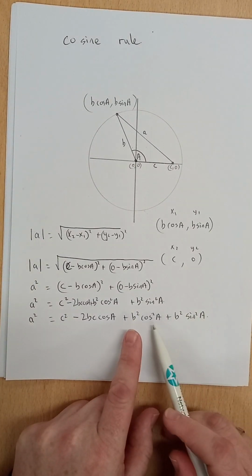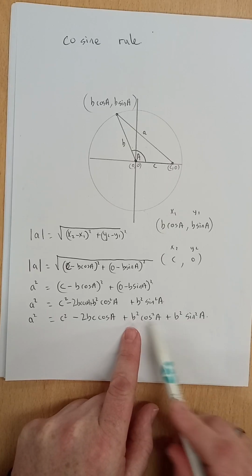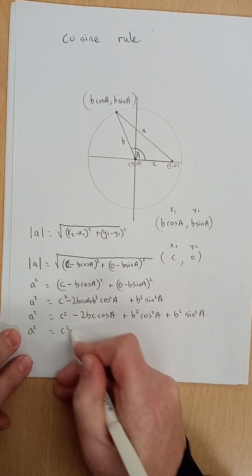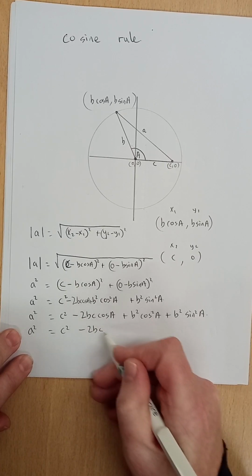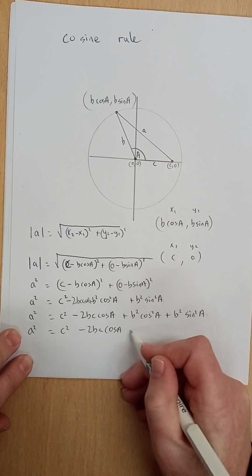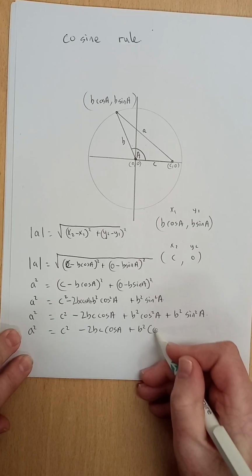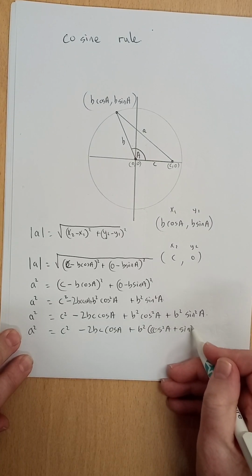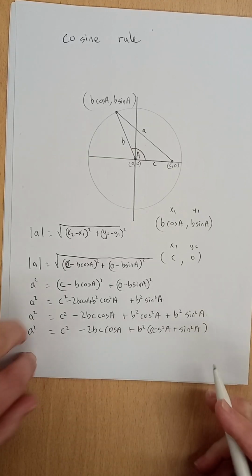Now, what I'm noticing there is that there's a b squared in both of these. So let's see, can we factorize that out? And I can indeed.